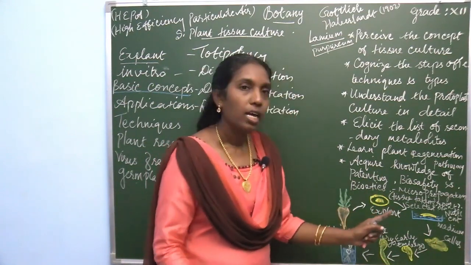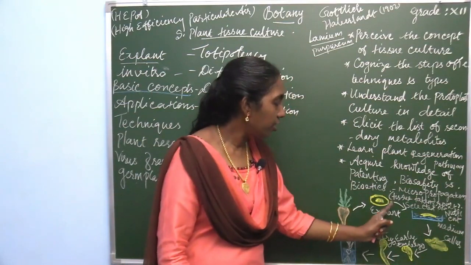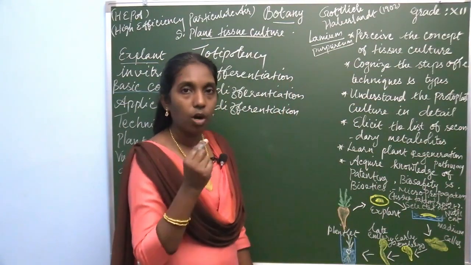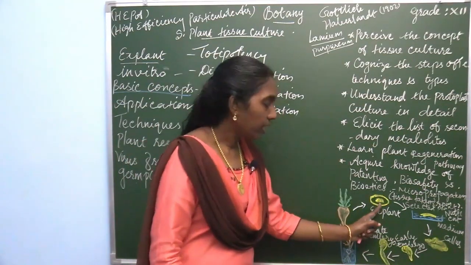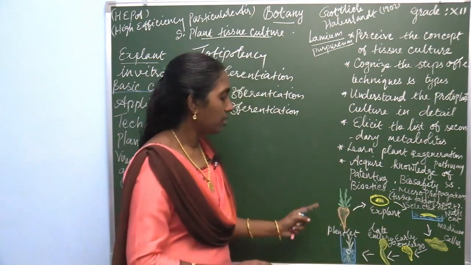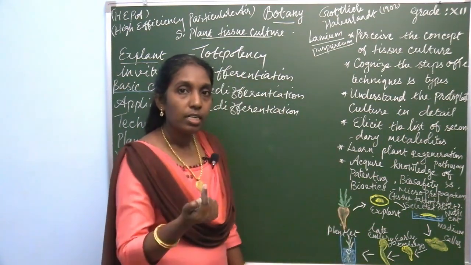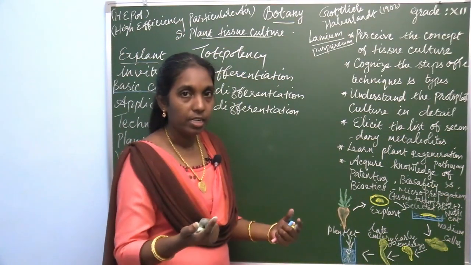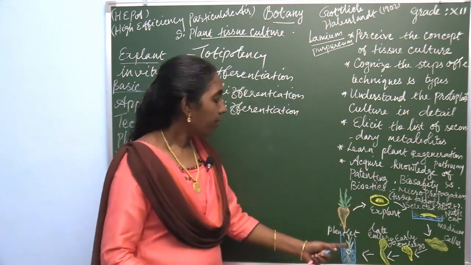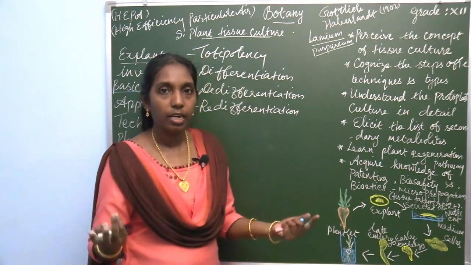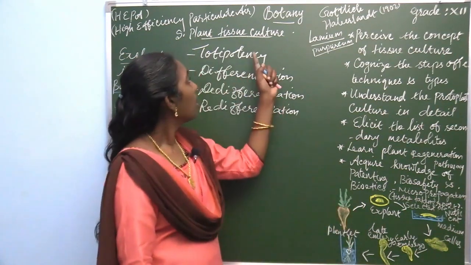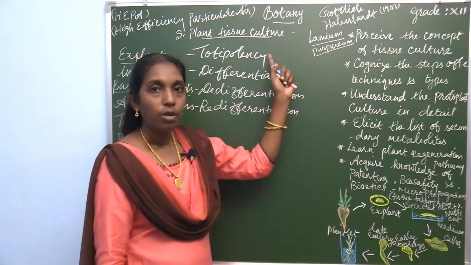This explant, a single tissue, a few cells or a single cell, has the inherent potential to develop into the entire plant. A single explant has the ability to multiply into thousands of plantlets, and from these plantlets it can produce the entire plant and give yield. Such a process is called plant tissue culture.